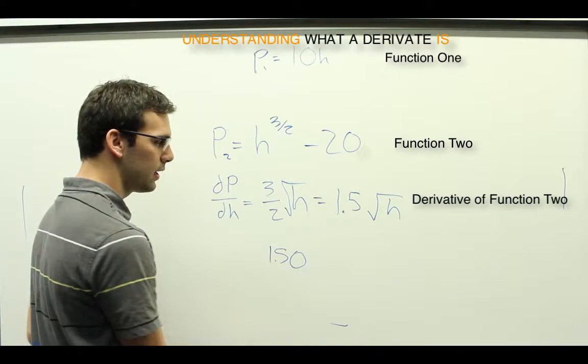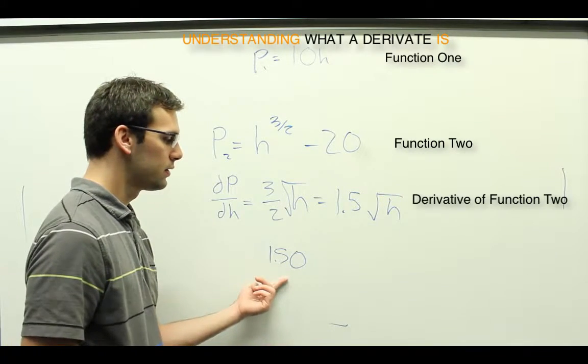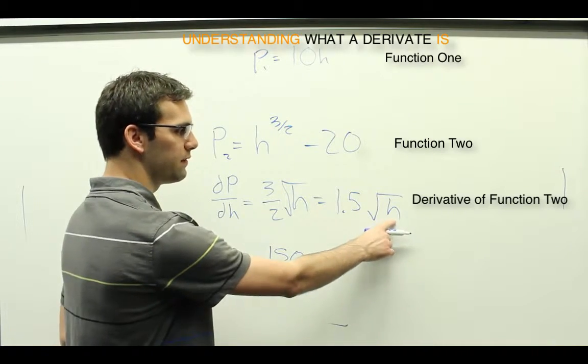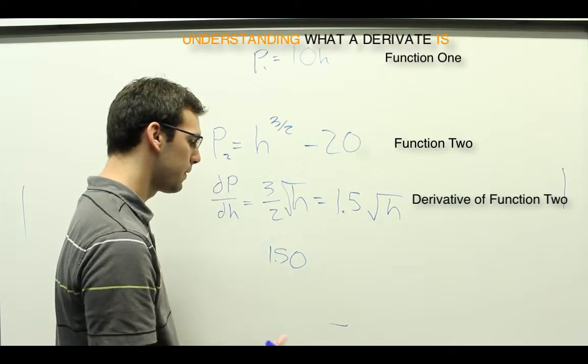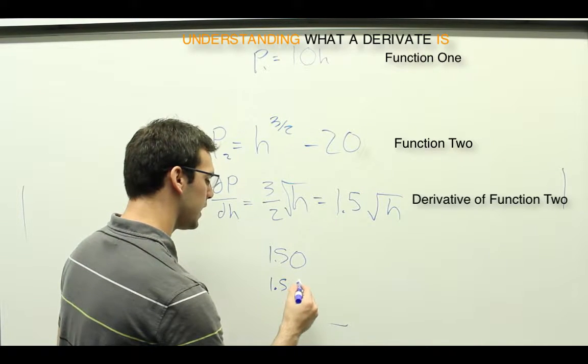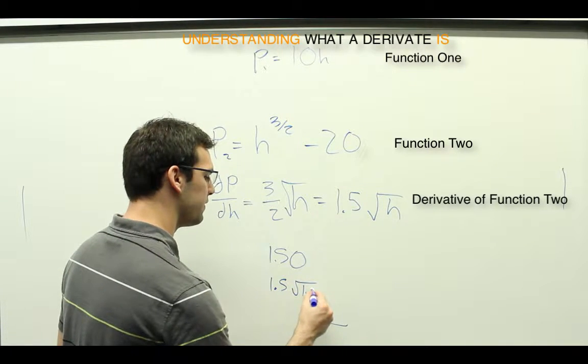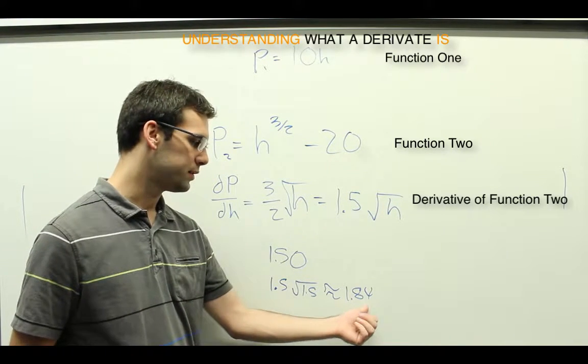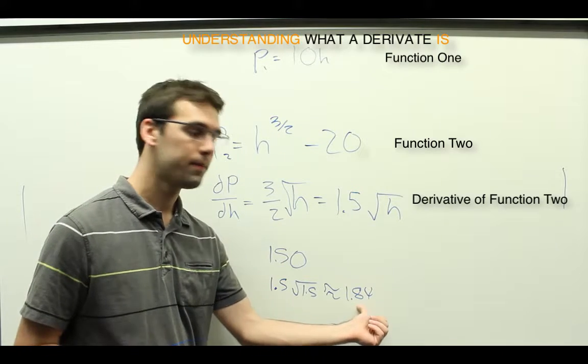In fact, it changes continuously. So for example, if h equals 1.5, then you have 1.5 times the square root of 1.5, which equals approximately 1.84.